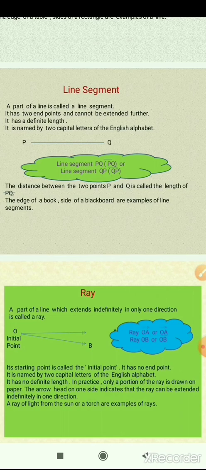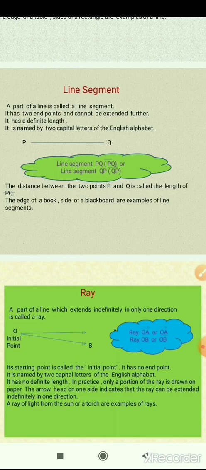So the distance between two points P and Q is called the length of line segment PQ. Examples of line segments are the edges of a book or the side of a blackboard.